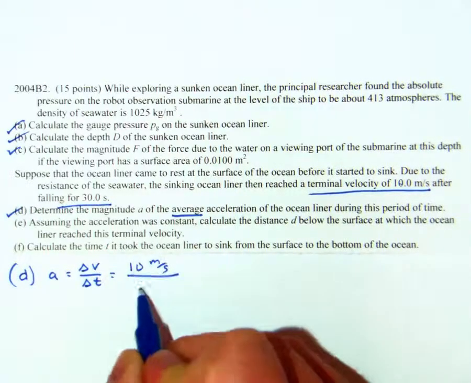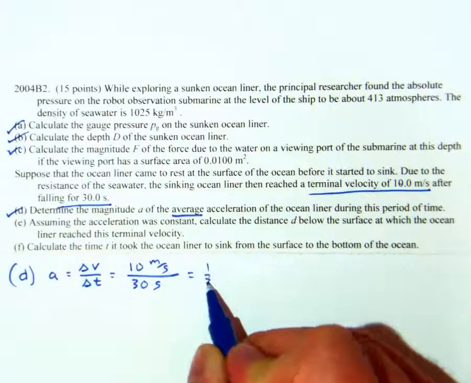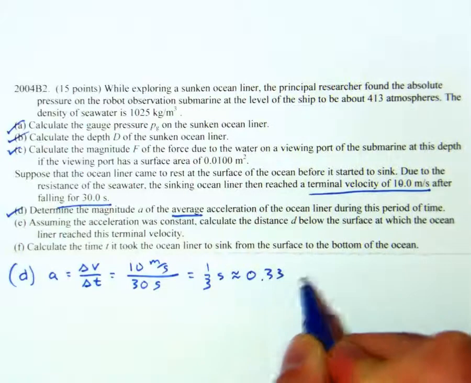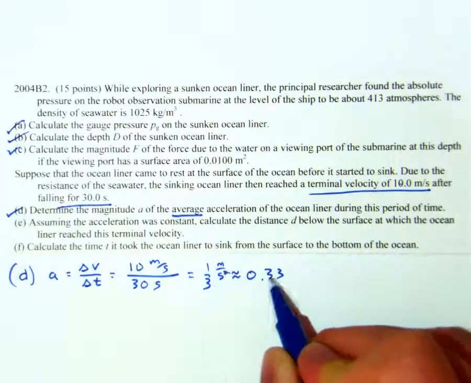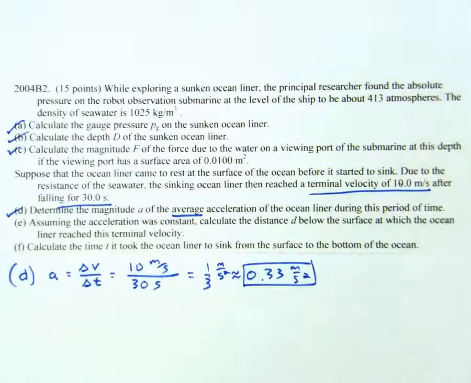The change in time is 30 seconds. So my acceleration is 1/3 meters per second squared, which is approximately 0.33 meters per second squared. That is the acceleration in this situation.